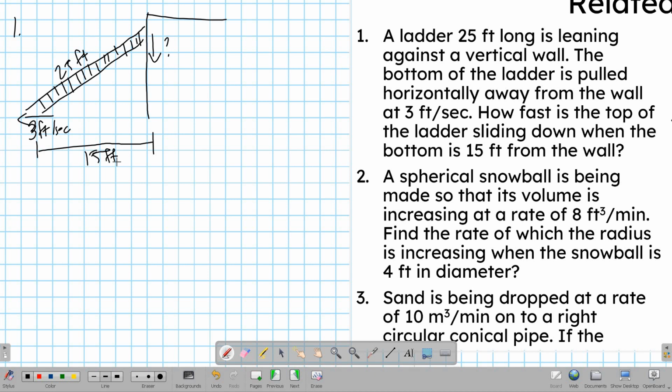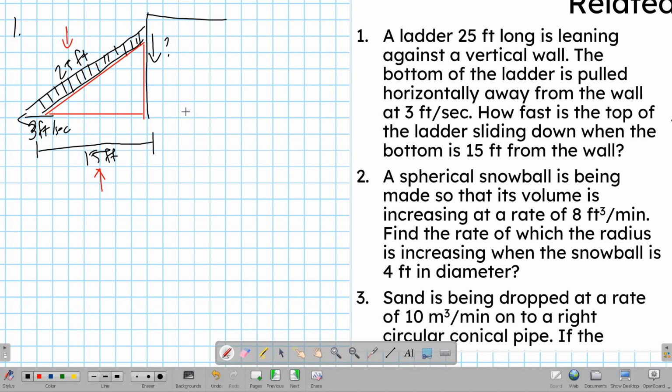But if you take a look at the shape that's formed, we actually have a right triangle. And since what we're given are sides of the right triangle, the equation that we can use here would be the Pythagorean theorem.